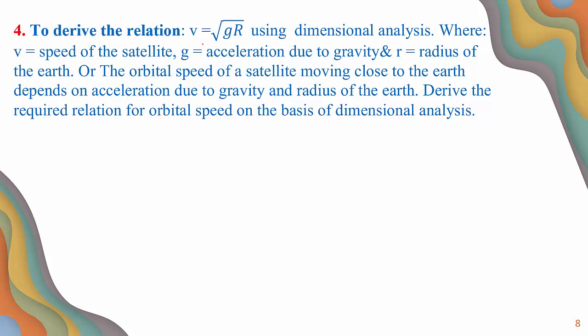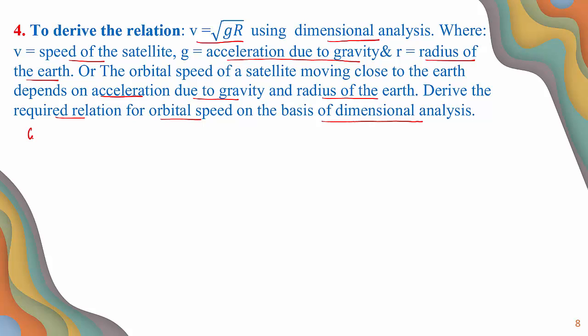To derive the relation V equal to root of G into R using dimensional analysis, where V is speed of the satellite, G is acceleration due to gravity, R is radius of the earth, or the orbital speed of the satellite moving close to the earth depends on acceleration due to gravity and radius of the earth. Derive the required relation for orbital speed on the basis of dimensional analysis.